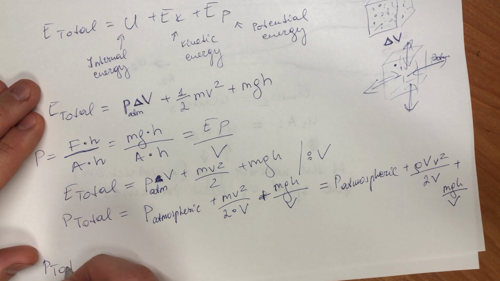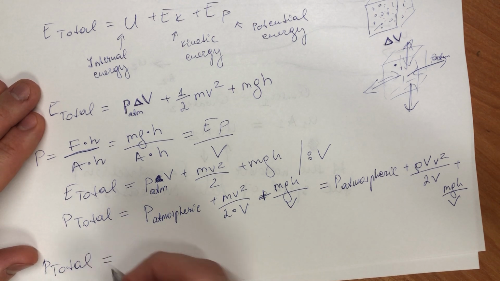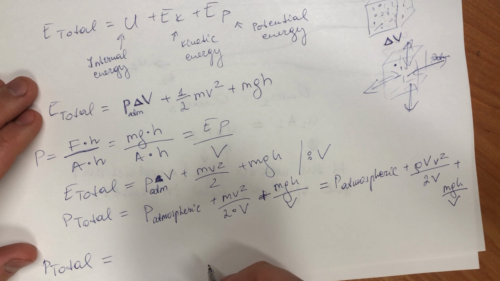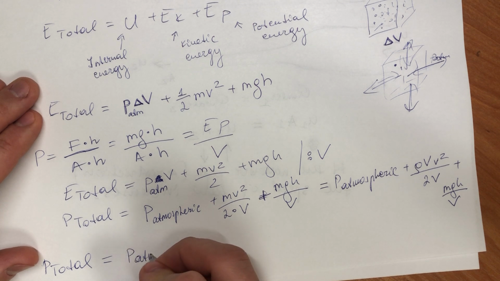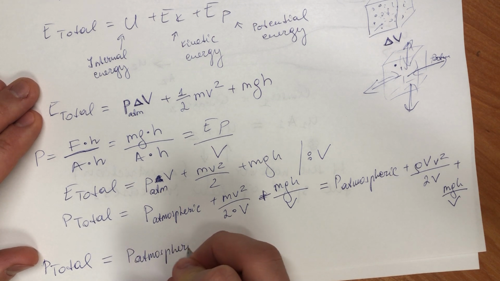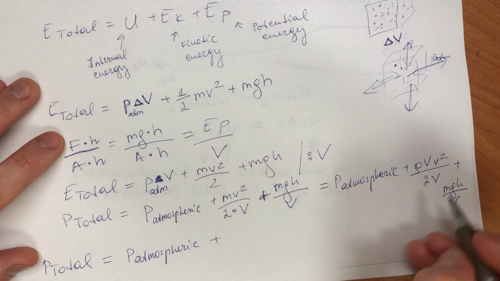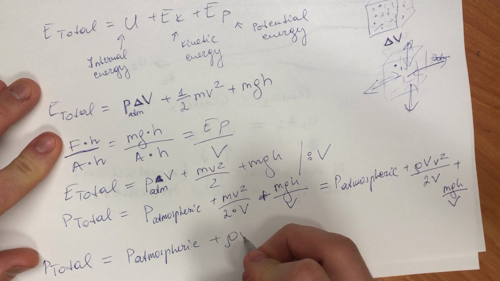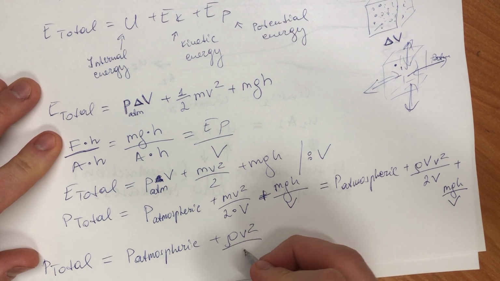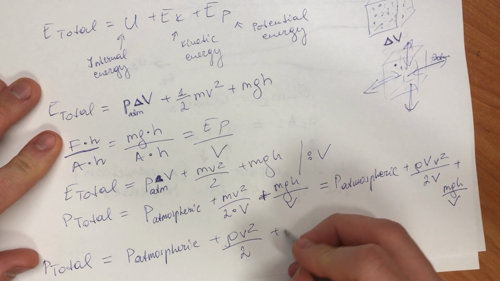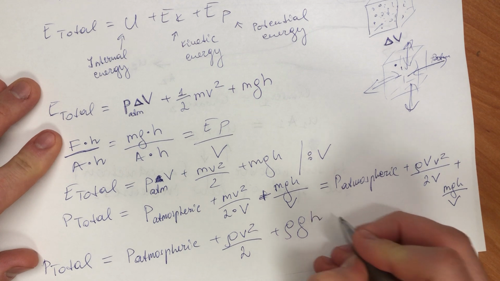And then we can write that P total is atmospheric pressure plus, here we get rho v squared divided by 2 plus rho gh.